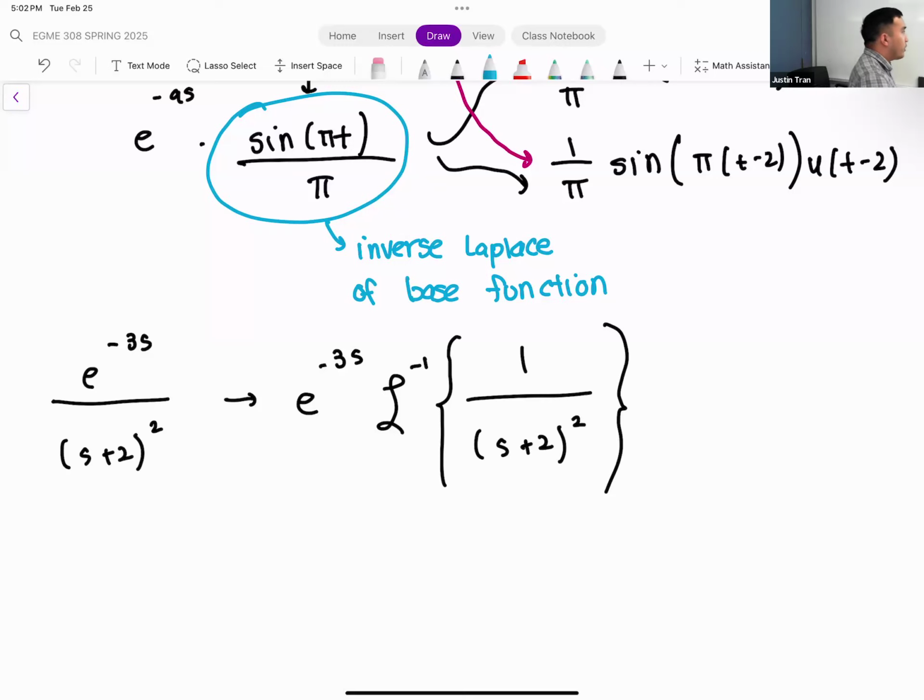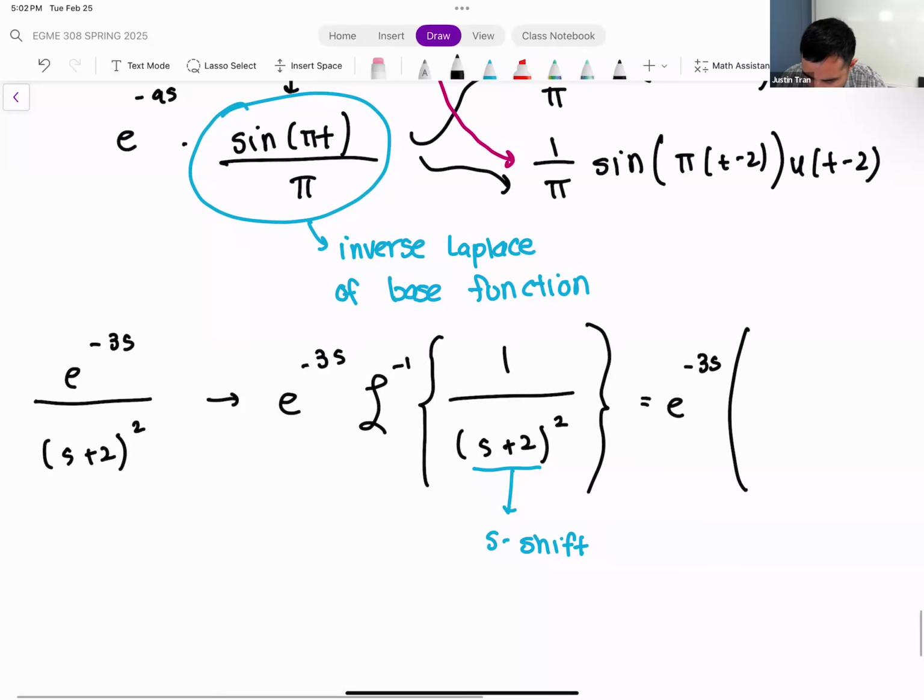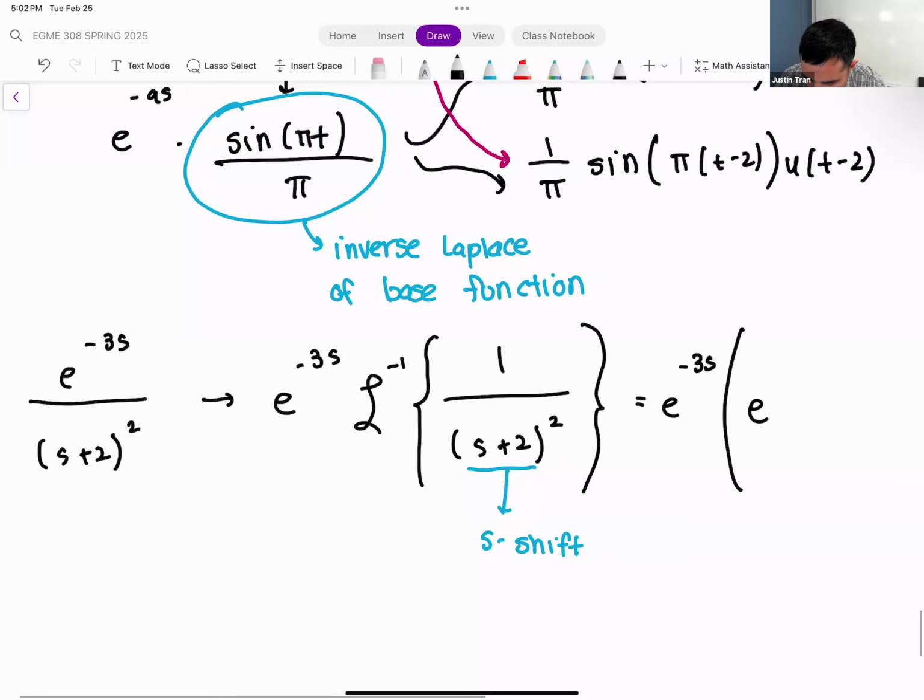So with this function right here, we have 1 over s plus 2 quantity squared. This s plus 2 basically tells us that we have an s shift. So that means our inverse Laplace is going to have an exponential e to the minus 2t. First let me bring in the e to the minus 3s. So the s shift is telling us that we have an e to the minus 2t.